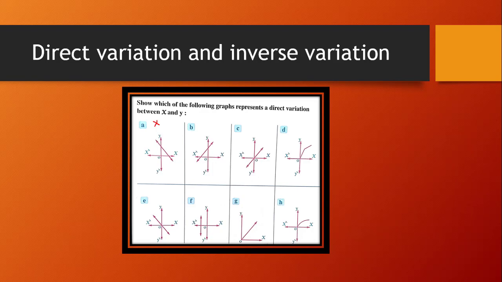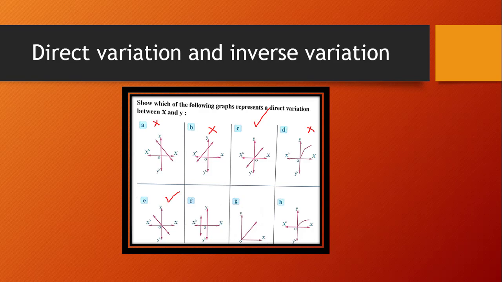Here we also have a straight line, but it doesn't pass through the origin, so B is not a direct variation. C, yes, we have a straight line and it passes through the origin point. And here, this shape passes through the origin point, but this is not a straight line. Here we have a straight line passing through the origin. So this is a direct variation.